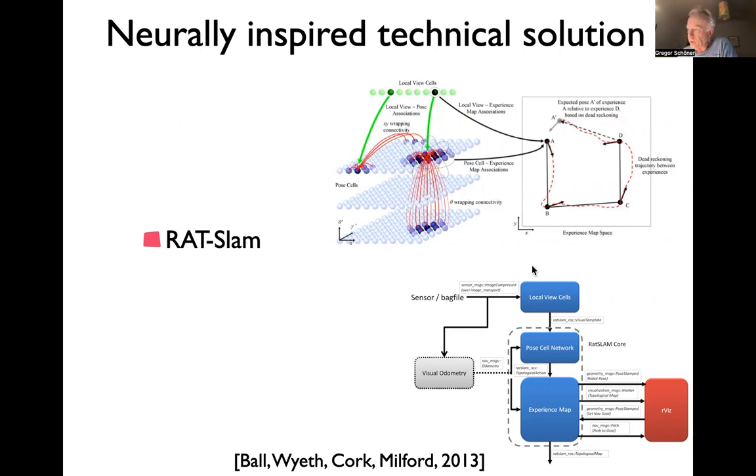And there is a group in Australia around Milford who do the same sort of thing, but really with biological ideas. So they literally use what I just viewed, local view cells and these pole cells or head orientation cells and place cells on the three-dimensional space, orientation or heading and position, and I'll not explain the details, but essentially like in the neural system to do path integration.